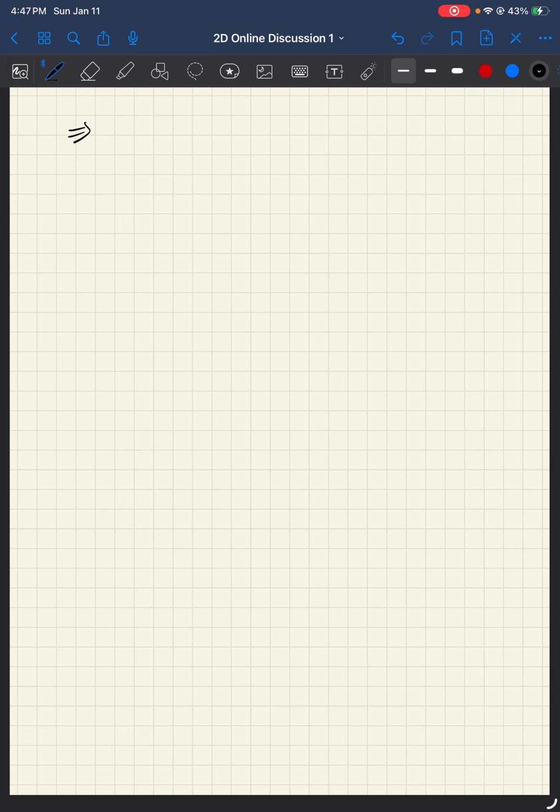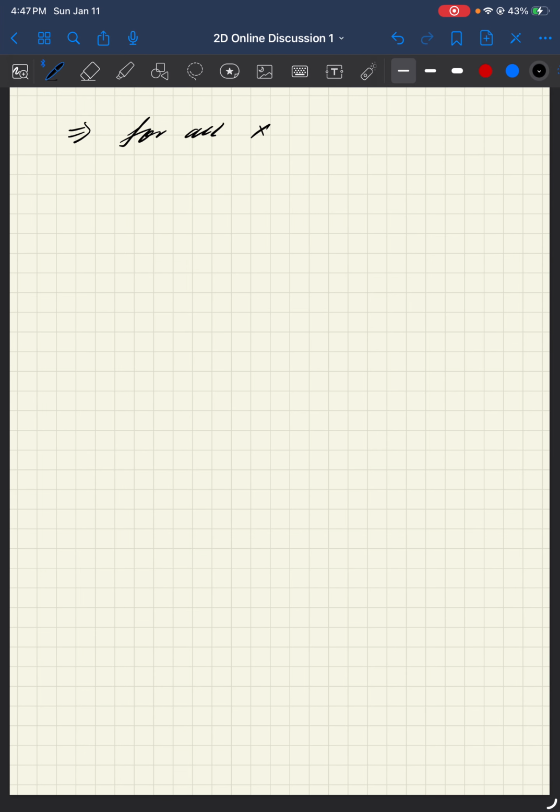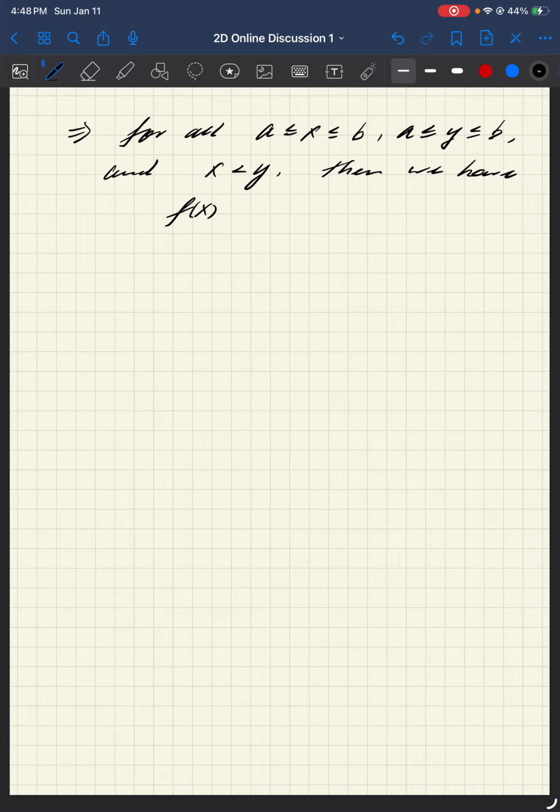It means that for all x between a and b, and y between a and b, if x is strictly less than y, then we have f(x) is strictly less than f(y). So in this case, f inverse exists.